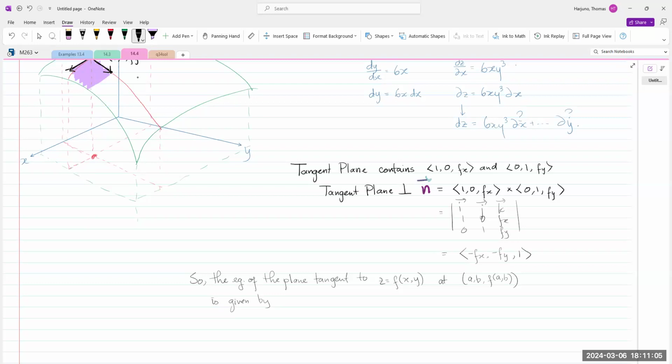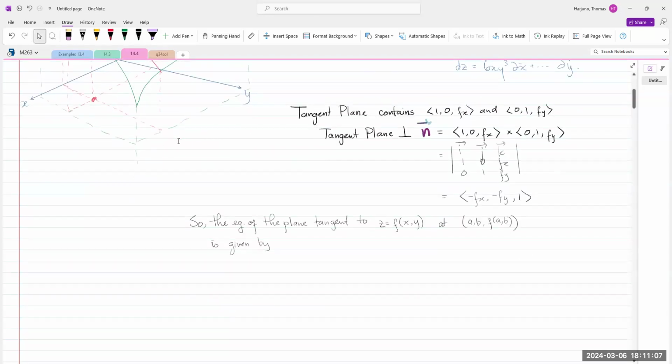The tangent plane is normal to this, right?